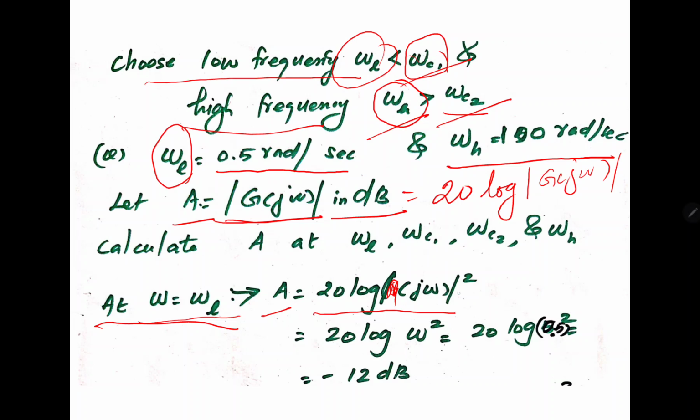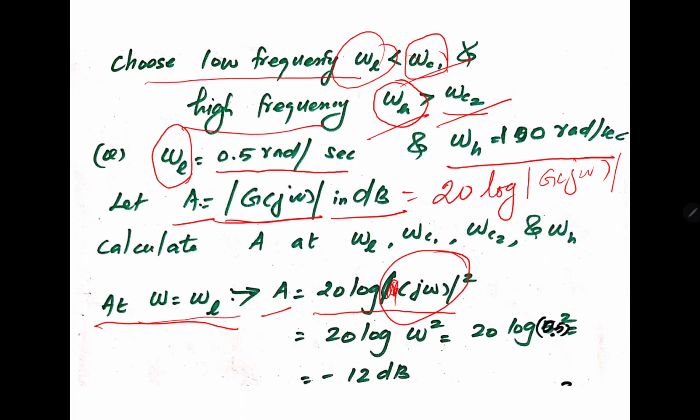We take 20 log of the magnitude of G(j omega), starting with the first term, (j omega) squared. When you take the magnitude, the j term goes away.